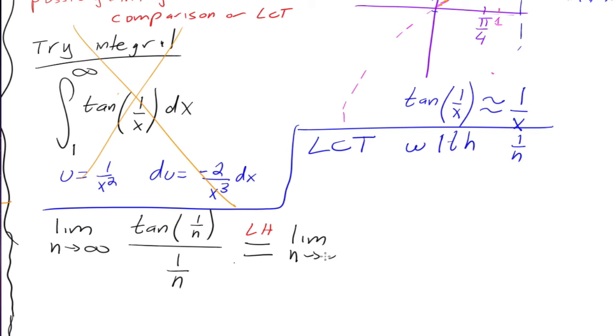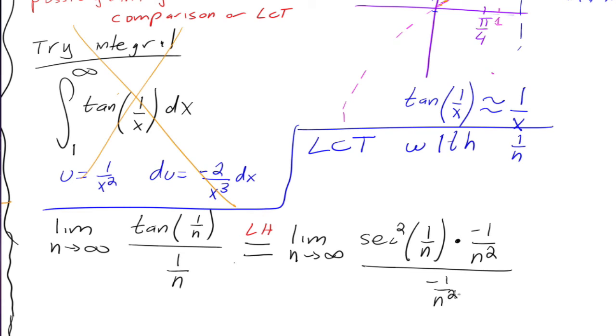So this is the limit as n goes to infinity of the derivative of tangent of 1 over n, which is secant squared of 1 over n times negative 1 over n squared, over the derivative of 1 over n, which is negative 1 over n squared, right?